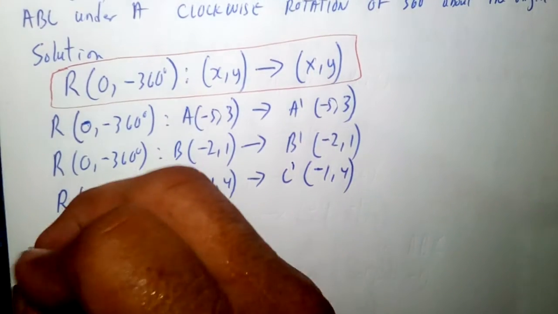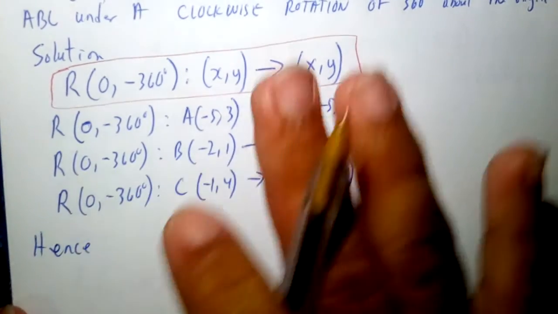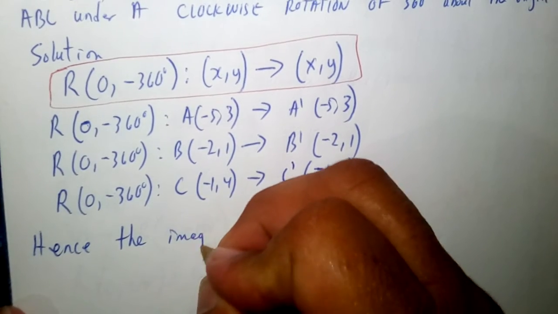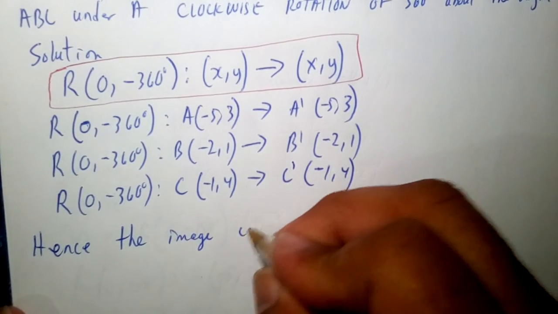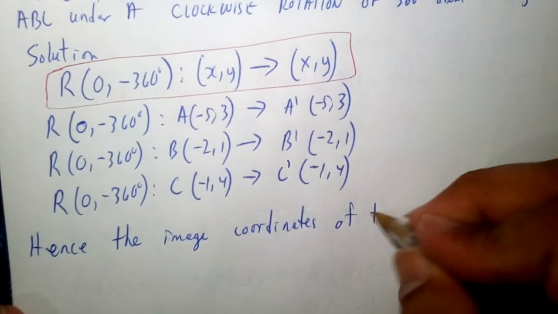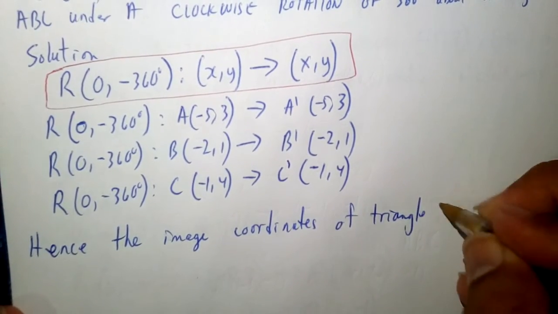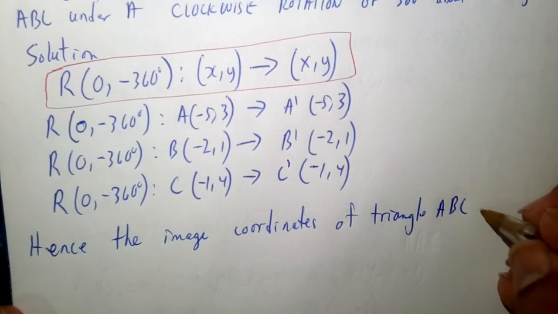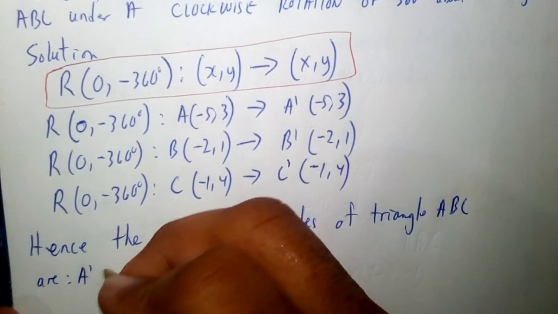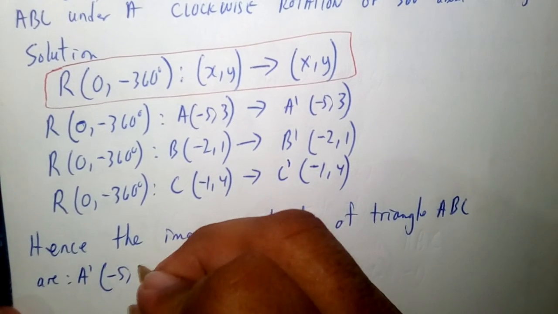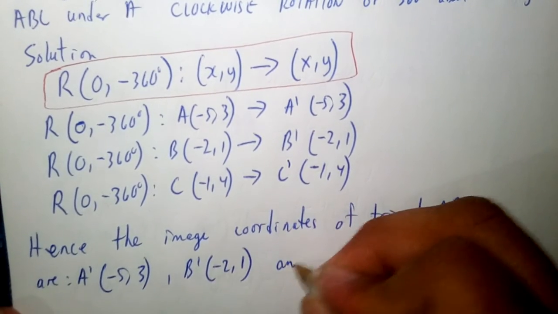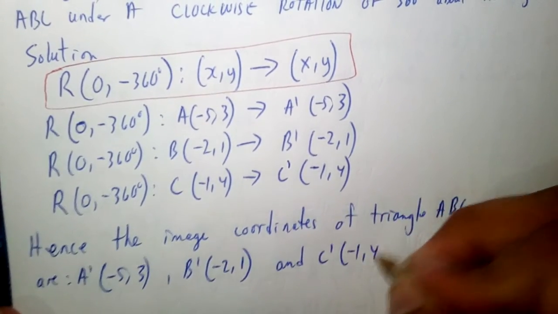We're going to state now, hence, and I want to see this step when I give such problems. Hence the image coordinates of triangle ABC are A prime, such that A prime is (-5, 3), B prime is (-2, 1), and C prime is (-1, 4).